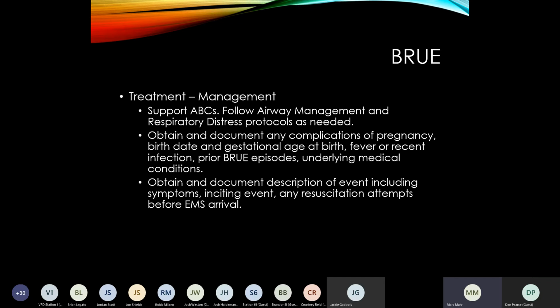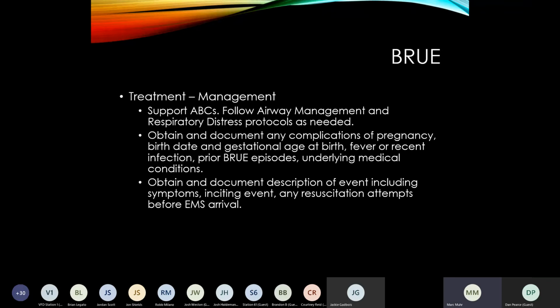Did it fit with when they were actually born? Were they preemies, et cetera? Have they had a fever or recent infection? Also note, have they had any recent feeding issues? Have they had a prior BRUE? And find out whether or not they have any other underlying medical conditions.